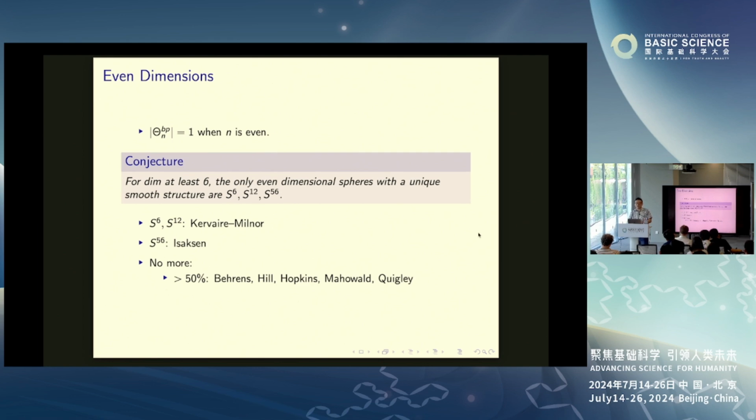The idea is to construct enough periodic families to cover all the even dimensions. In the published works, they have done over 50%. I have some ongoing progress with Burklund and others. We are trying to push this method further and establish that maybe we can even get 100%. All right, so this is the first part of my talk.